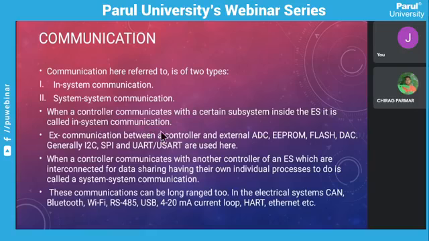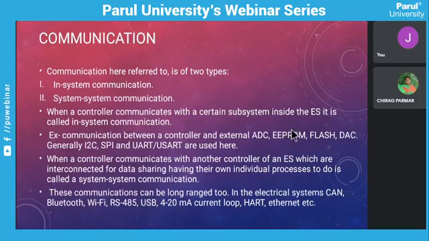An example is the communication between a controller and an external ADC. It mainly uses I2C, sometimes even SPI. The external ADC might be used for a higher resolution, 16 or 24-bit resolution. So it communicates to the controller with the help of SPI and I2C.